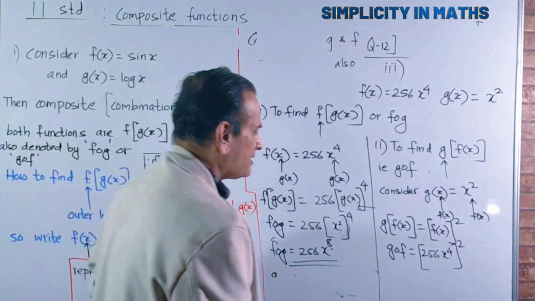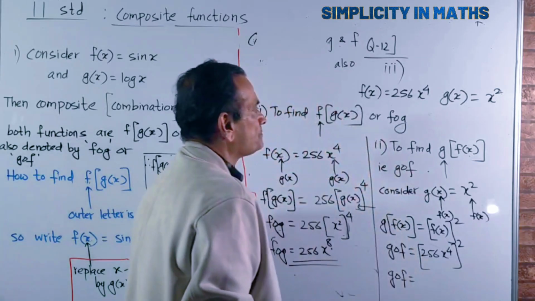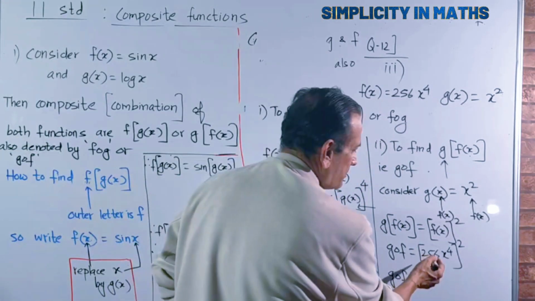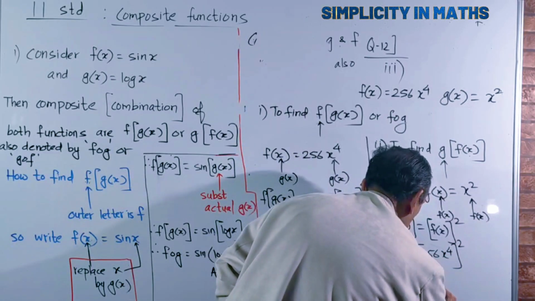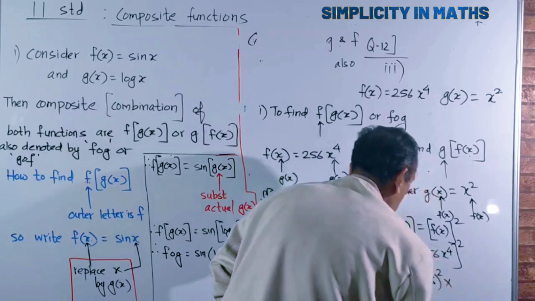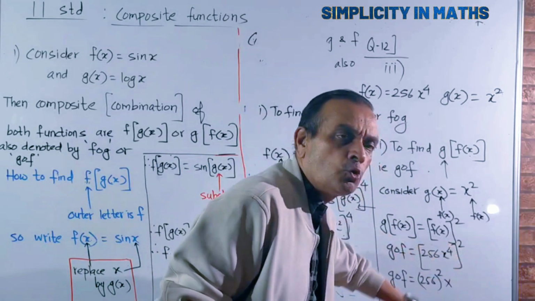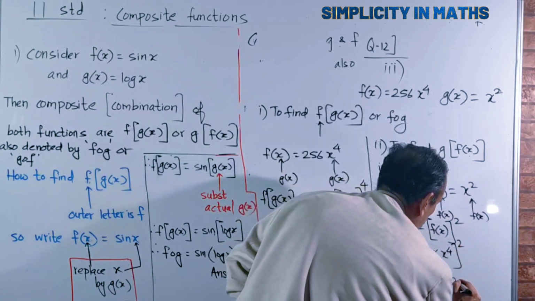So g of fx will be, इसको अभी 256 रेस टू 2 करना है, and x raised to 4 raised to 2 can be written as 4 into 2.